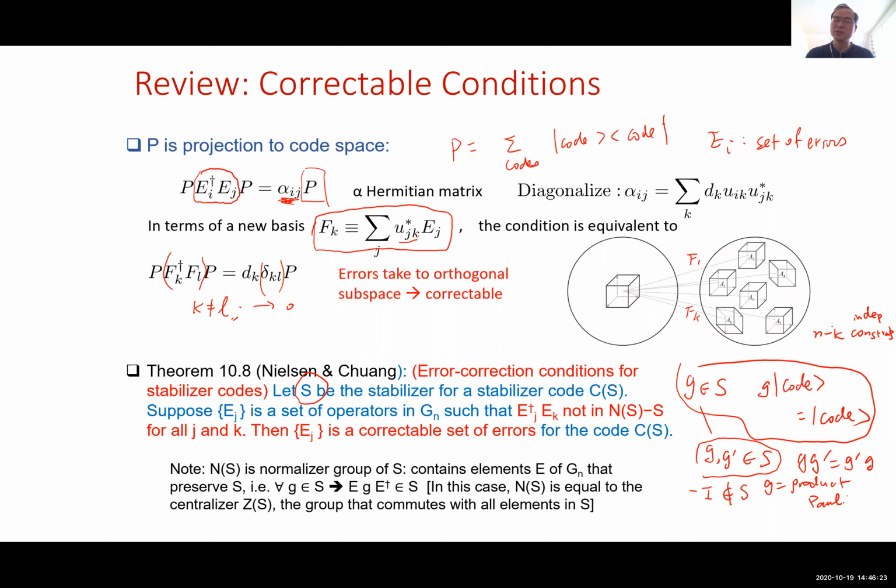So that's the meaning of generator. But they also mean that they are independent. So you have n minus k independent constraints. This means that you have k qubits that you can encode, using n physical qubits.